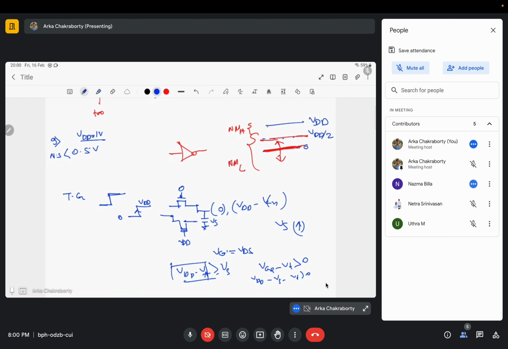If this was my circuit, it would have been charged up to VDD minus VTN, but it is a transmission gate. It came out of my mind that it's a transmission gate. So the NMOS will be able to charge it up to VDD minus VTN, fine, but the PMOS can charge it up to VDD. It is the strong one. VDD, yes.